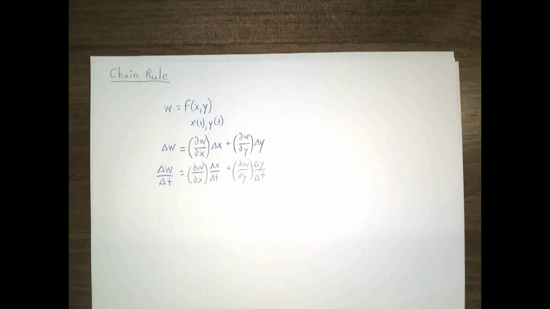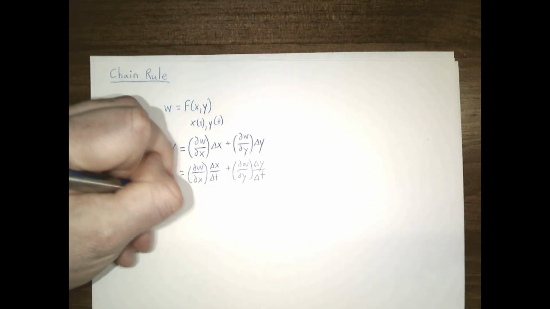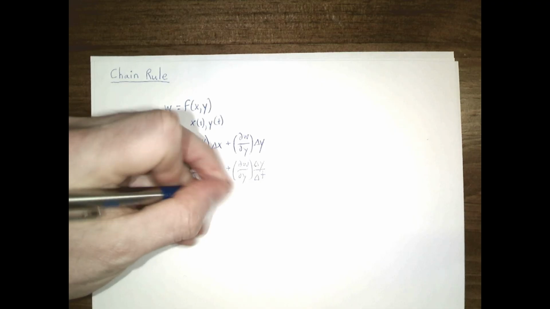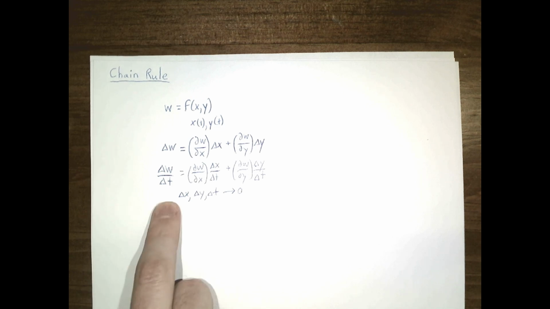Now we can do the calculus thing, and we can take the smallest step we can imagine. We're going to take the limit as delta x, delta y, and delta t all go to 0. And what that does is essentially give us the limiting step we can take, and it's going to turn all our deltas into d's.